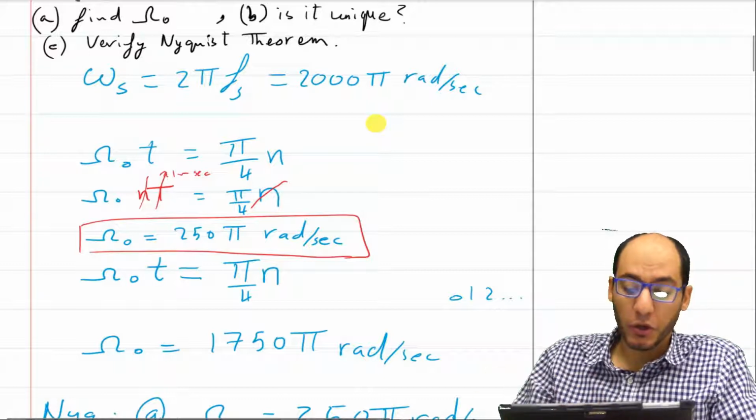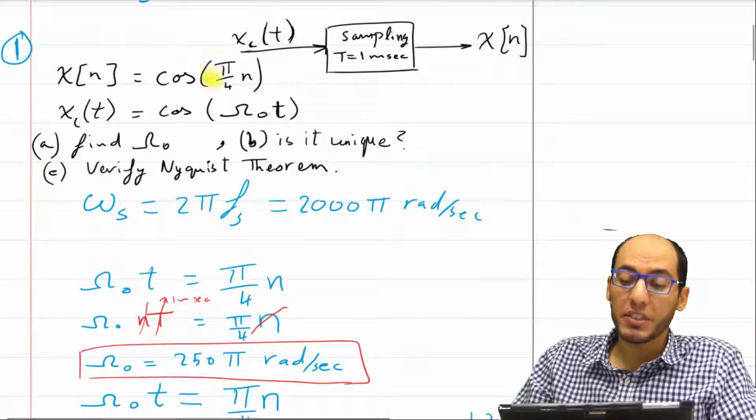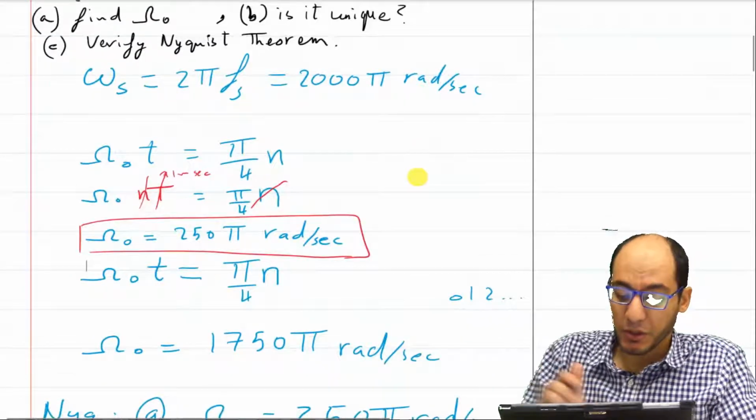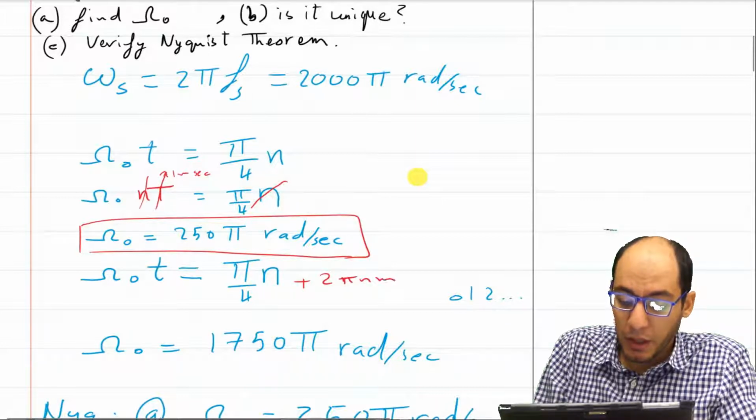How is that going to happen? Well, if you would like to equate these two signals, it's not necessarily that the arguments are going to be equated. Perhaps a shifted value of the argument. So in that case, I'm going to put here plus 2 pi multiplied by an integer.